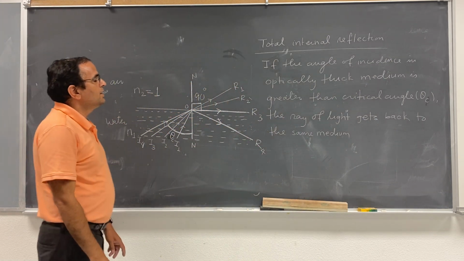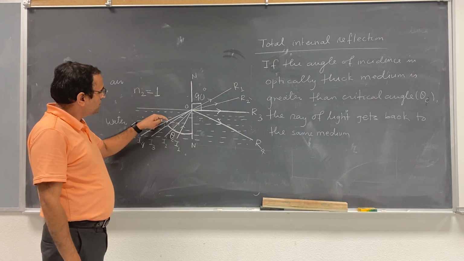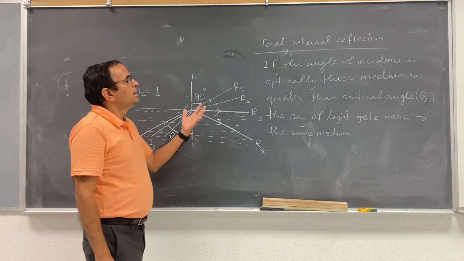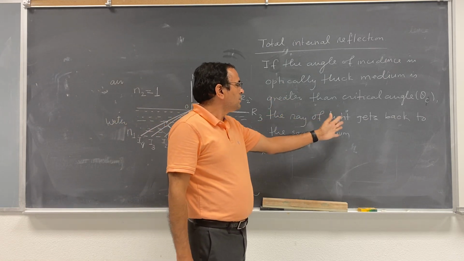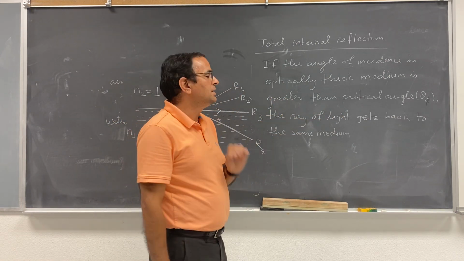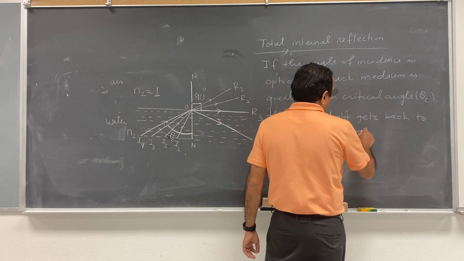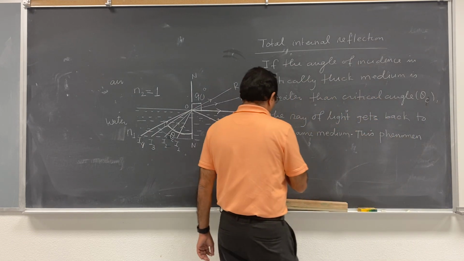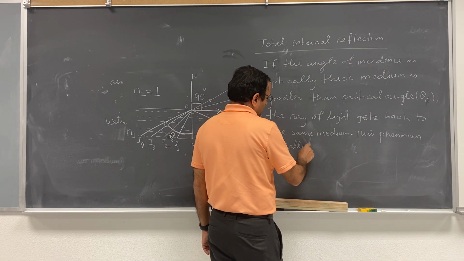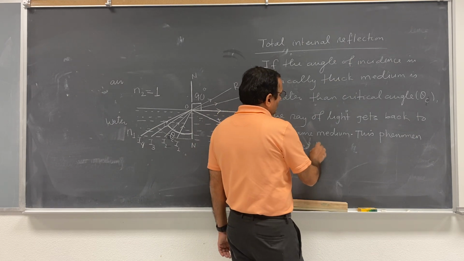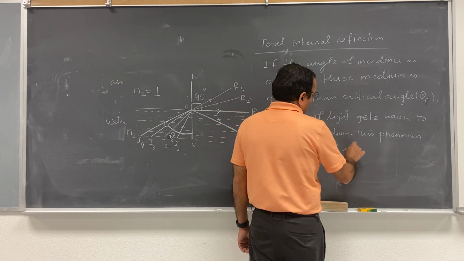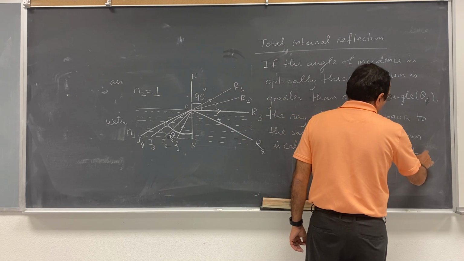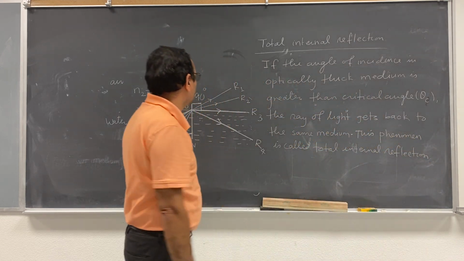If the angle of incidence in the optically thick medium is greater than the critical angle, then the ray of light gets back to the same optically thick medium. This phenomenon is called total internal reflection. So this is the total internal reflection.